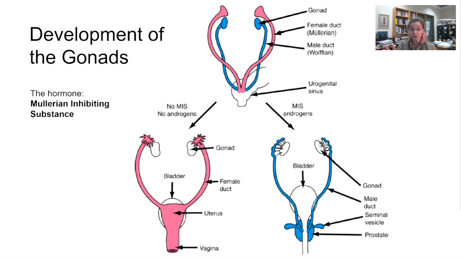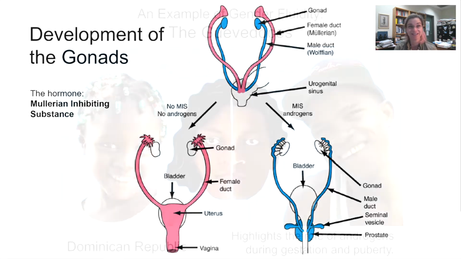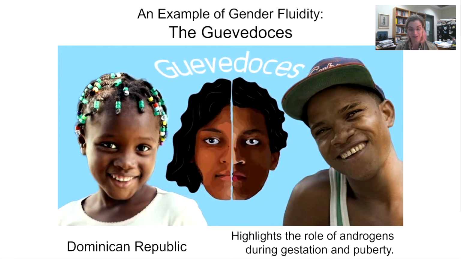One type of androgen that is important in early embryonic development, that early masculinization of the gonads, is DHT, or dihydrotestosterone. I bring up DHT because I want to share with you an interesting phenomenon that demonstrates how complex this whole process is and how easy it is to perturb it.